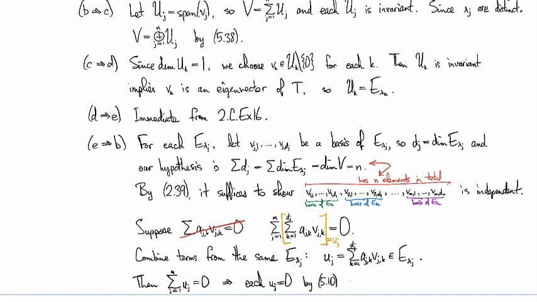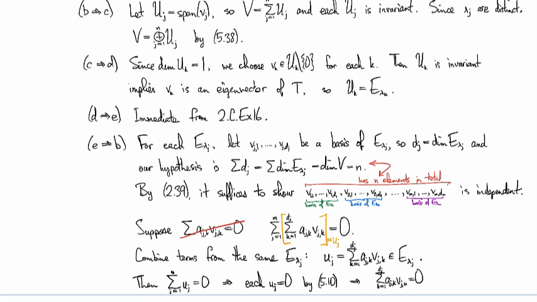And then, since each Uj is equal to 0, that tells us that the sum of the AJK VJK is 0 for each j.